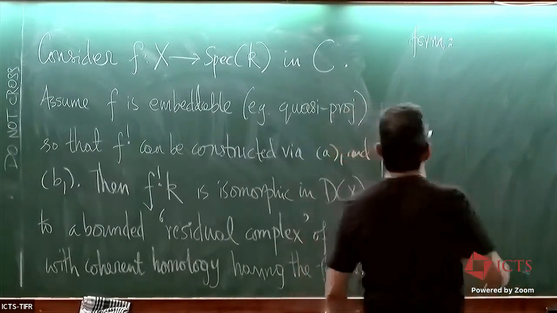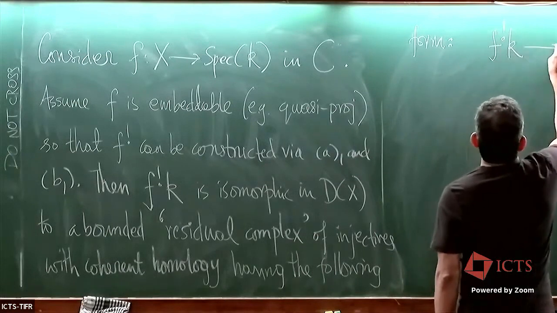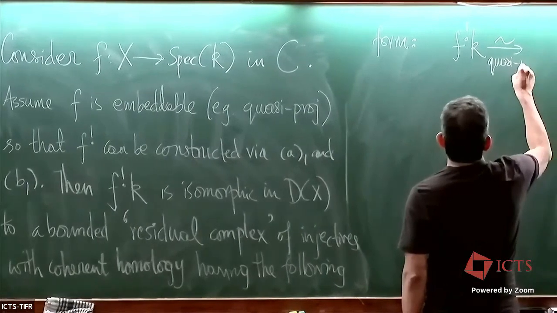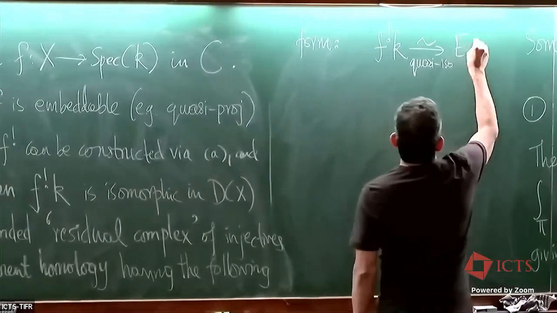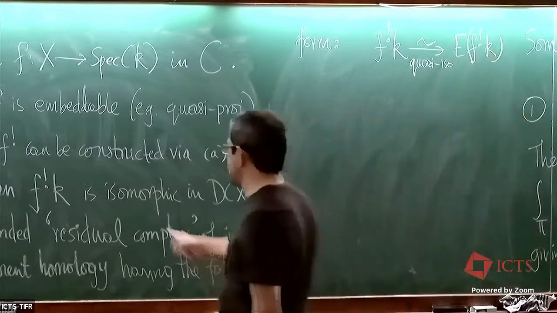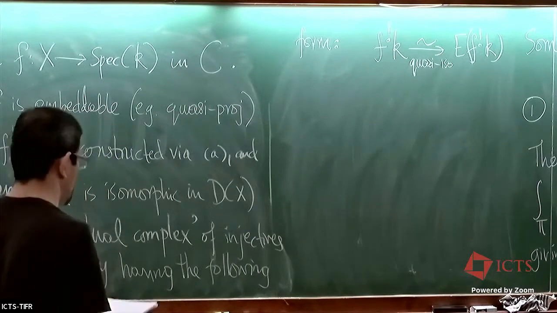What's it going to look like? So first of all, just to summarize, we are saying that there will be a quasi-isomorphism to another complex. I hope that's what I've written here. Yeah, it's isomorphic in D_X to a bounded residual complex.